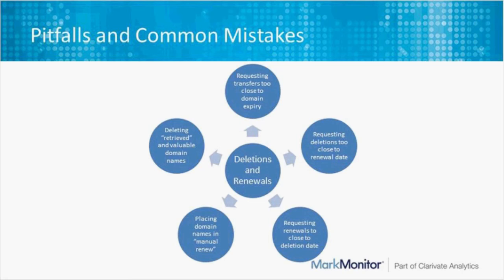So the other side of the coin is that of auto-renew. So domain names that are set to auto-renew, there is an automated renewal process that happens in the background. Now, in order to stop that process, you have to request your deletion with sufficient time. Now, this may actually come as quite a bit of surprise, but it's more than 14 days.